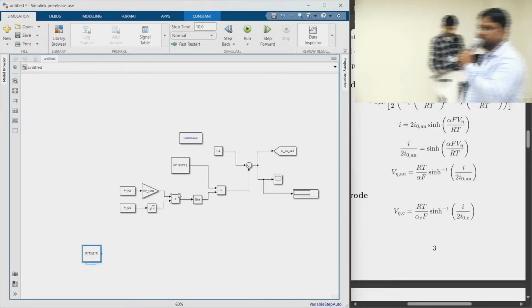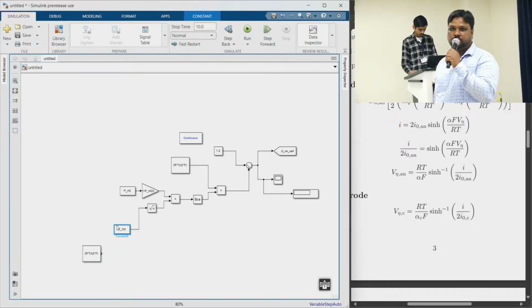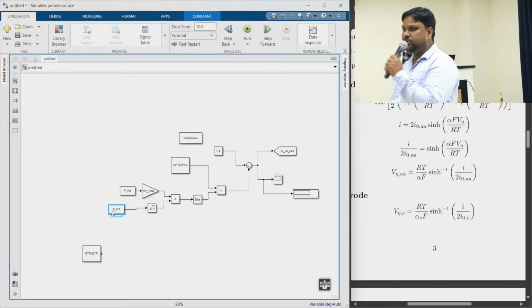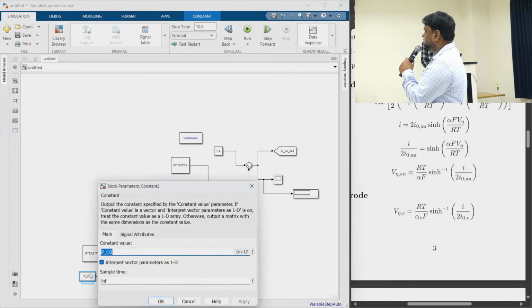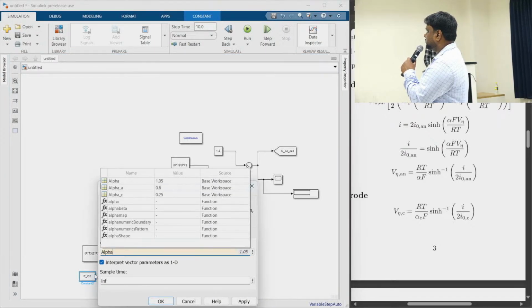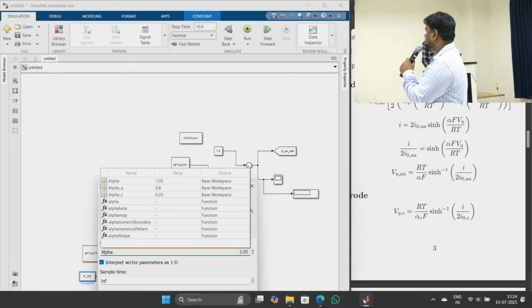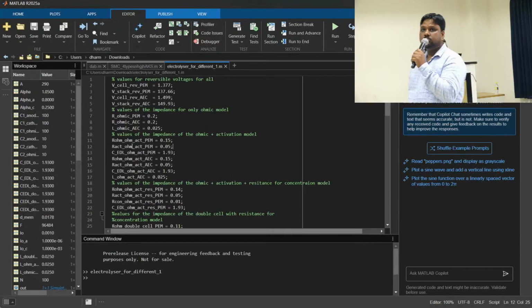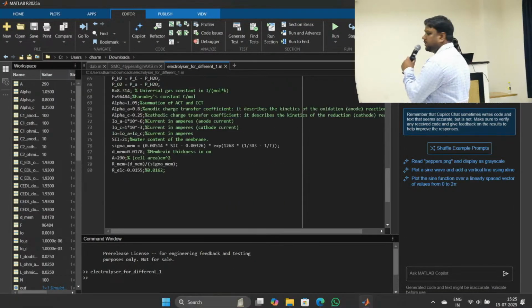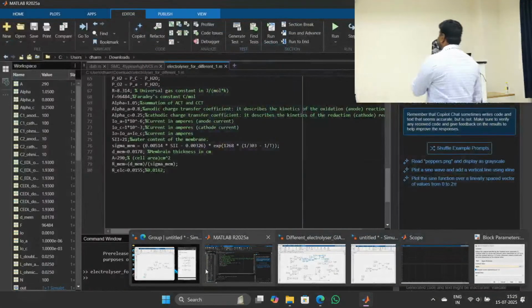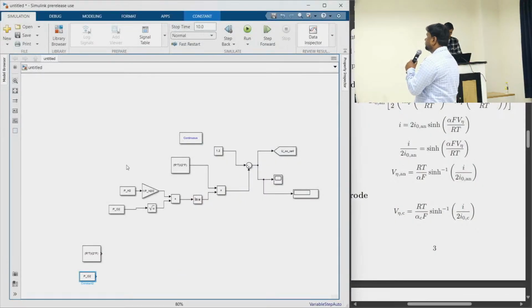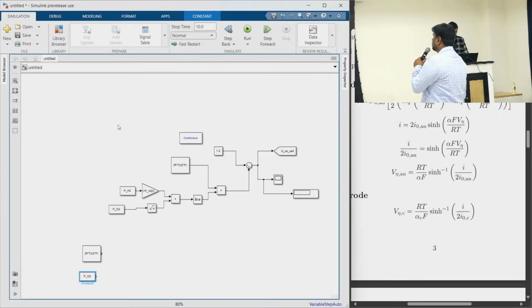Some of the blocks we are using from the previous potential, so no need to search again. Fit to view.